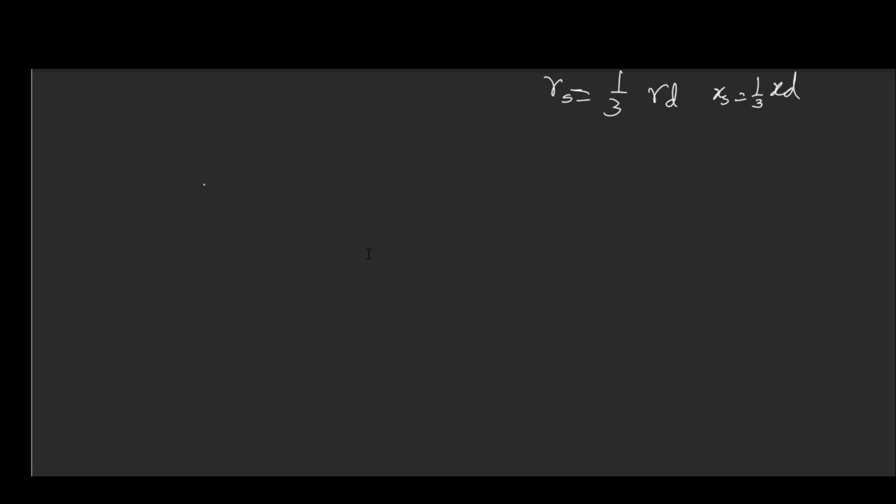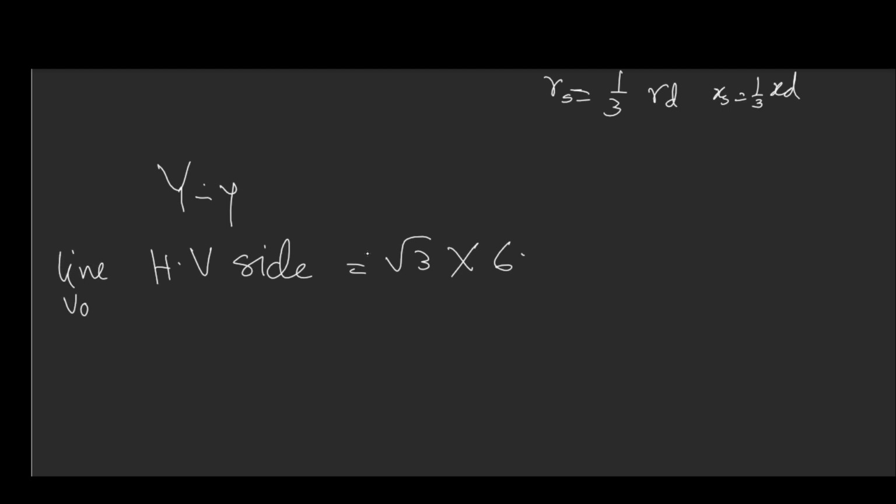If you connect them in star-star, the high voltage side voltage will become root 3 times the individual transformer high voltage side voltage rating. So root 3 into 6.6 into 10 to the power 3, that is almost 11,000 volt.